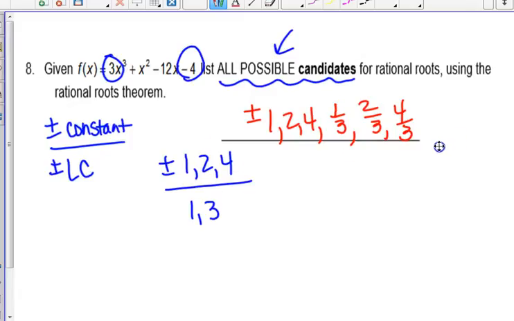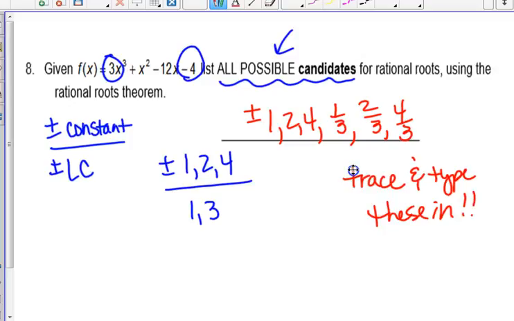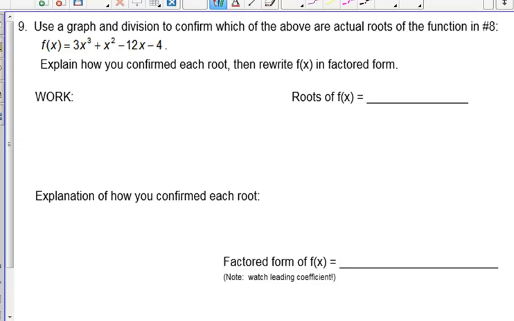Now, to find part number 9, if you graph it, you can do trace and type all these in to see which ones work. See, on number 9 right here it says graph and confirm. Well, if you graph this, I'm going to take a second to type it back in.